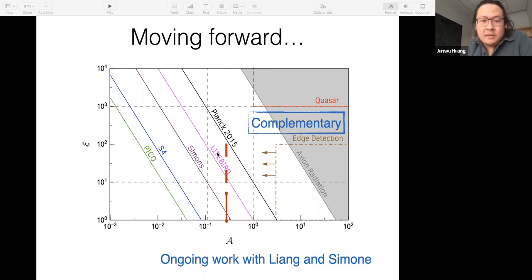Okay, and you can see with existing data, this method is very good for small c, because the edge only depends on the anomaly coefficient. It doesn't really depend on how many strings I have in the universe, and so it will allow us to cut in a piece of the parameter space that is hard to get with the two-point functions.